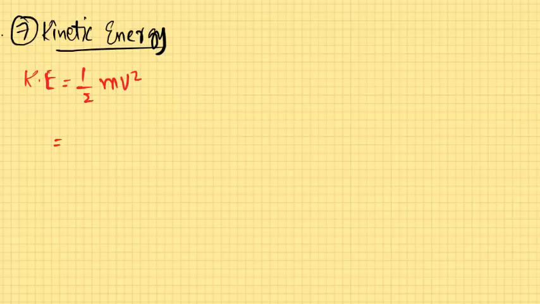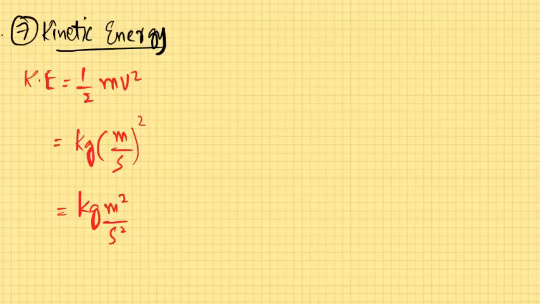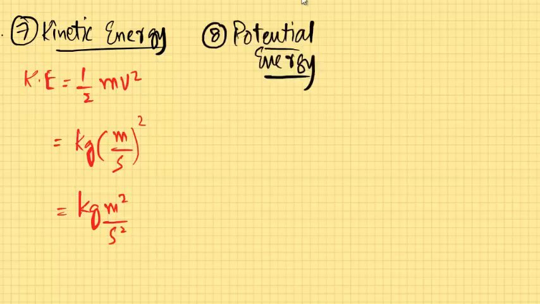M is mass, measured in kilograms. V is speed, measured in meters per second. But since I have a square over here, I will put a square, and that will be kilogram meter square per second square.